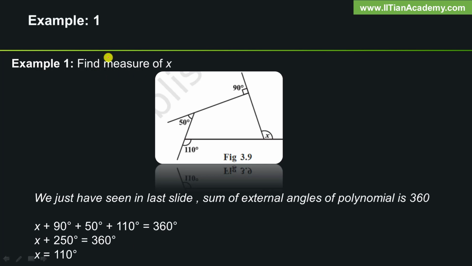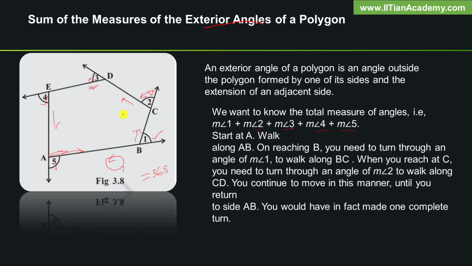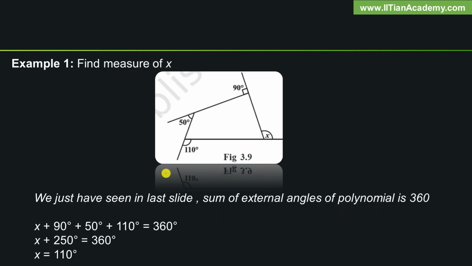This is an example of using the angle sum of exterior angles for polygons. We have seen in the last slide that the angle sum of the exterior angles of a polygon is 360 degrees. Now use this to calculate x in this example.